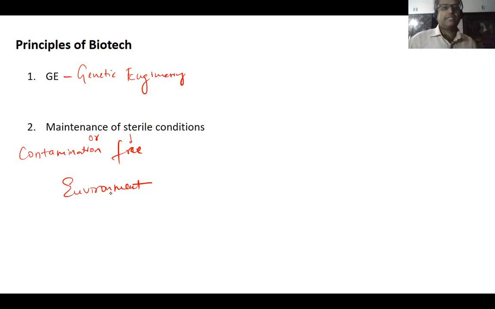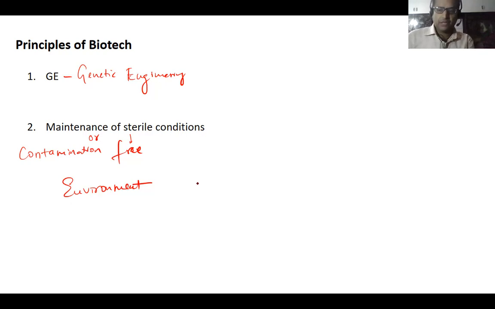That is one of the major principles of biotechnology, and this has to be keenly taken care of, otherwise the whole project is going to collapse. So maintenance of sterile conditions is very, very important. Okay, so let's come to genetic engineering.